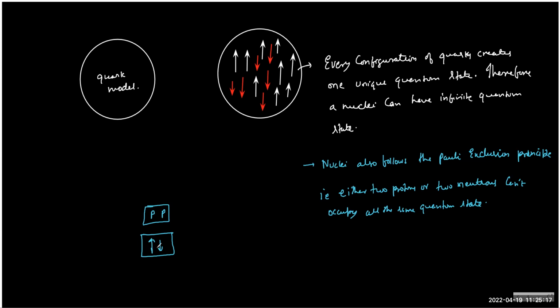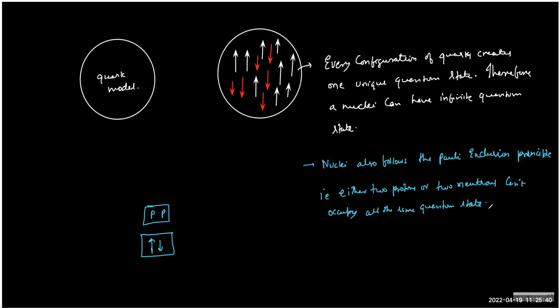The n is the same, the magnetic is the same, but the spin must be different, because if they are living together, they must have some difference in the quantum state. So they cannot have all quantum states the same, and if it is the same, then they cannot live together. That is the Pauli exclusion principle.